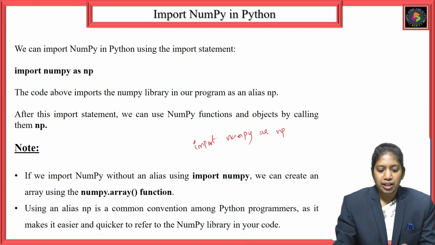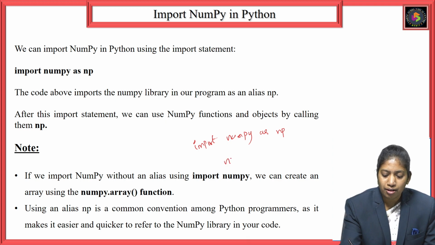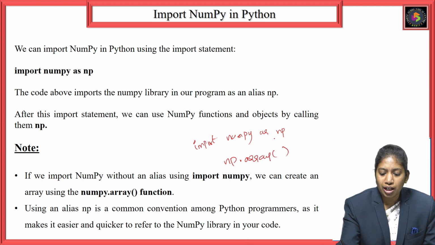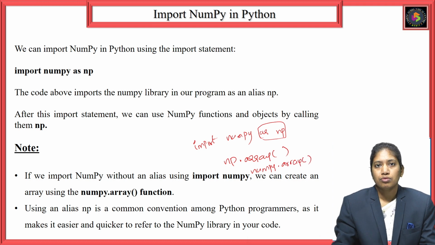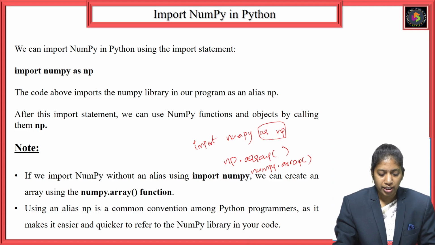After the import statement, we can use the NumPy functions and objects by calling them using np. Suppose there is an array function in NumPy, I'll call that function using np.array. If I don't mention np here, I have to call it as numpy.array. Like this, we need to import the functions of the corresponding NumPy.